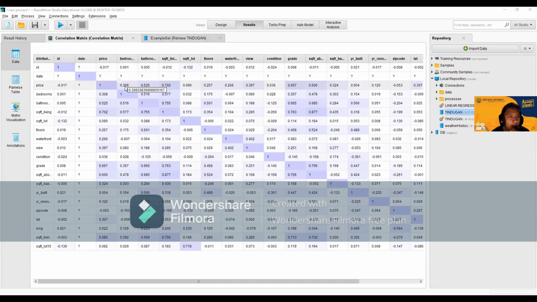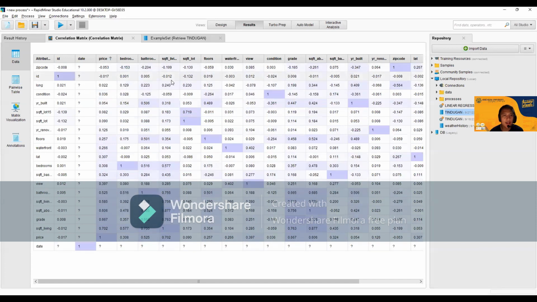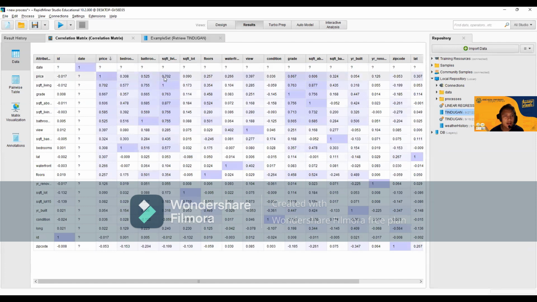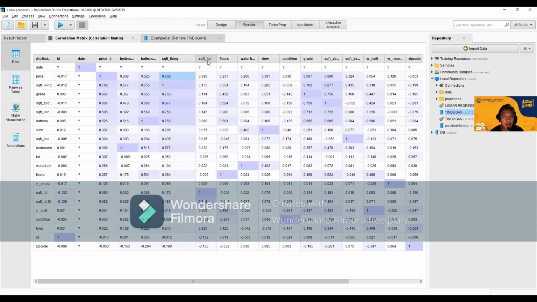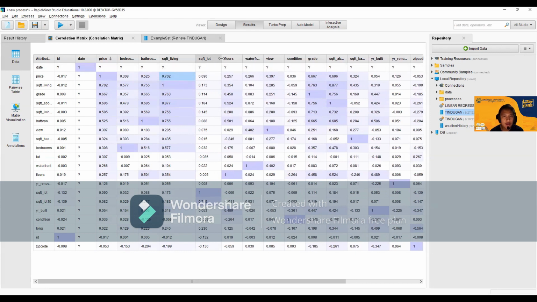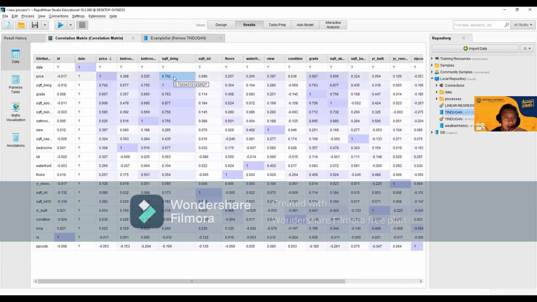For the bedroom, there is 0.3, which I think is a little bit of relation to the price. For the bathroom, I think there is a good relationship with the price, and also the square foot living, because 0.7 is nearly a positive correlation, and it is a good relationship.